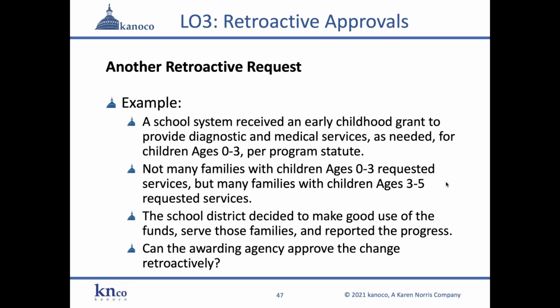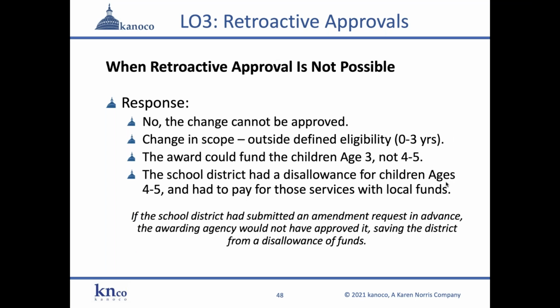But can the awarding agency approve the change retroactively? And you should be able to tell by how I introduced this that no, this cannot be approved. It's out of scope. It's outside of the defined eligibility by the program statute. So the award could fund the children age 3.